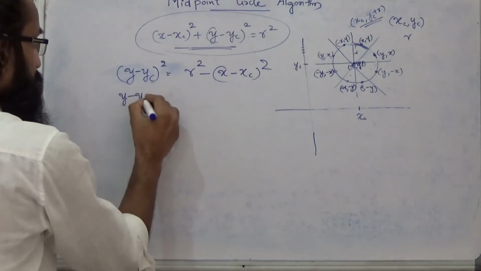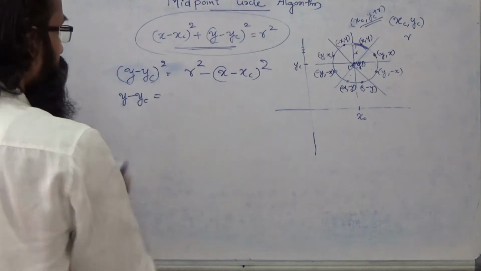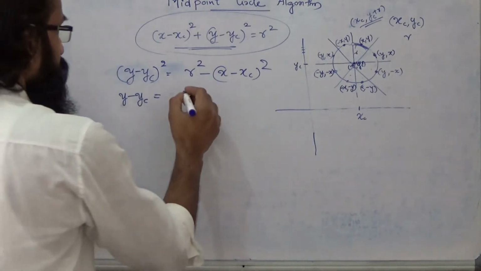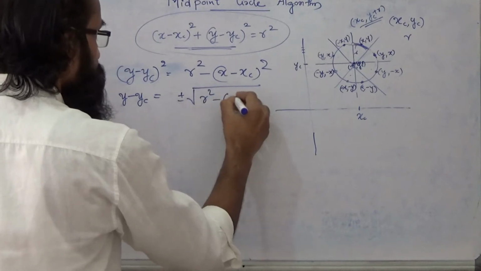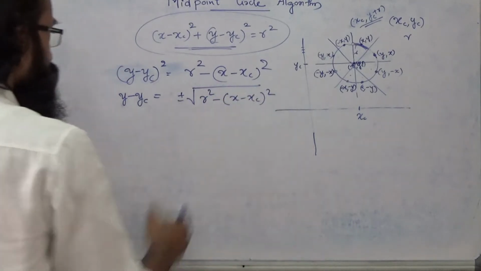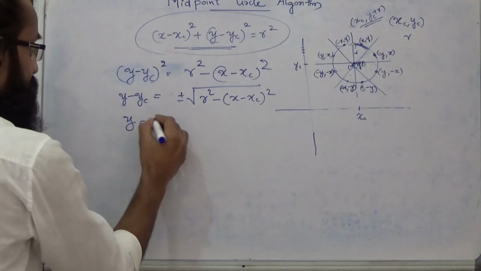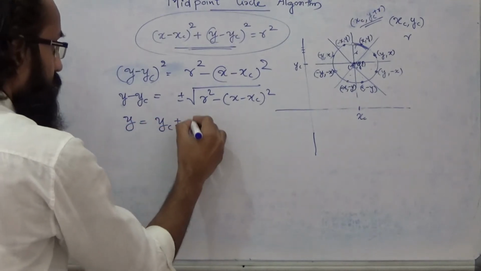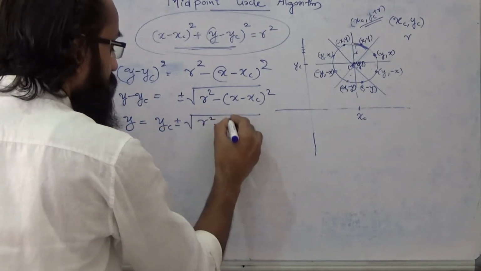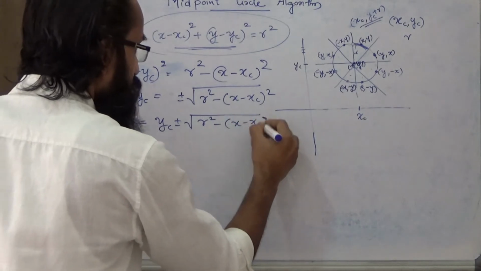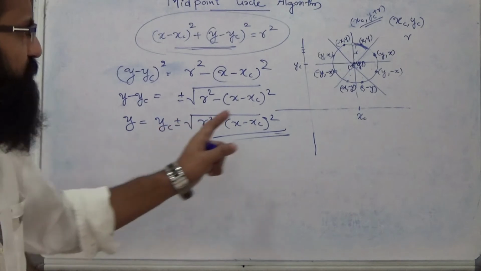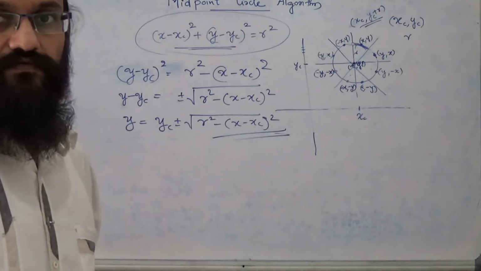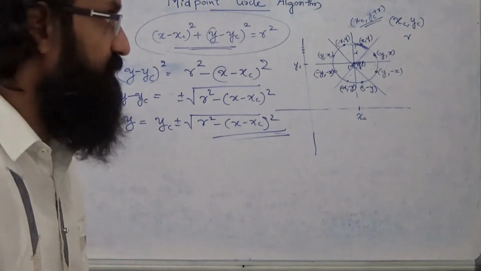So y minus yc is equal to plus or minus root of r square minus x minus xc the whole square. So y is equal to yc plus or minus root of r square minus x minus xc the whole square. You can use this equation to determine the corresponding y values for unit increment of x values.